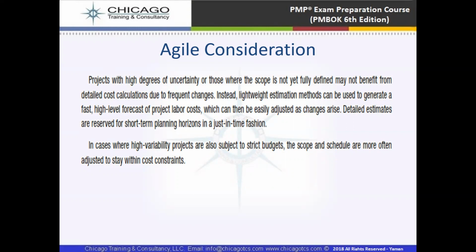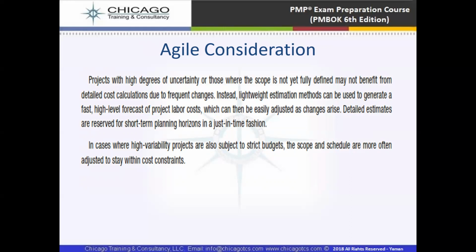So instead, lightweight estimation methods can be used to generate a fast high-level forecast of project labor cost, which can easily be adjusted as change arises. Detailed estimates are reserved for short-term planning. So for short-term planning, we can use lightweight estimation methods. Or in cases where high variability projects are also subject to strict budgets.